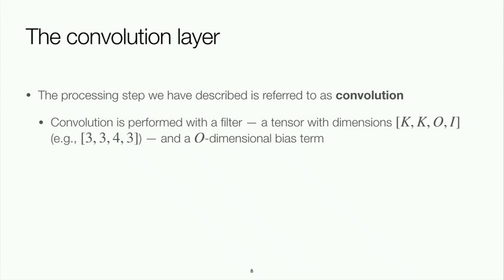And then it's also got this other dimension O, which was 4 in the previous example. It's the number of outputs that we're actually producing. So we can think of this filter as a 4-dimensional tensor, and then we also have this O-dimensional bias term that we're adding as well. This gives us basically the set of weights that we're trying to learn inside a convolution operation.